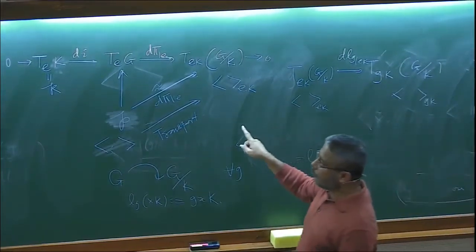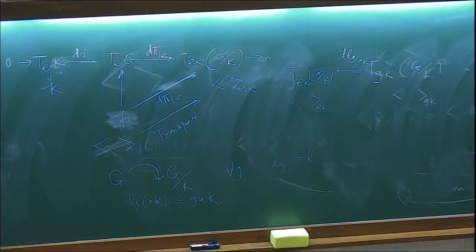But this is going to be well-defined because of the fact that this inner product at P is Ad K invariant. I'll ask you to check that this is well-defined.